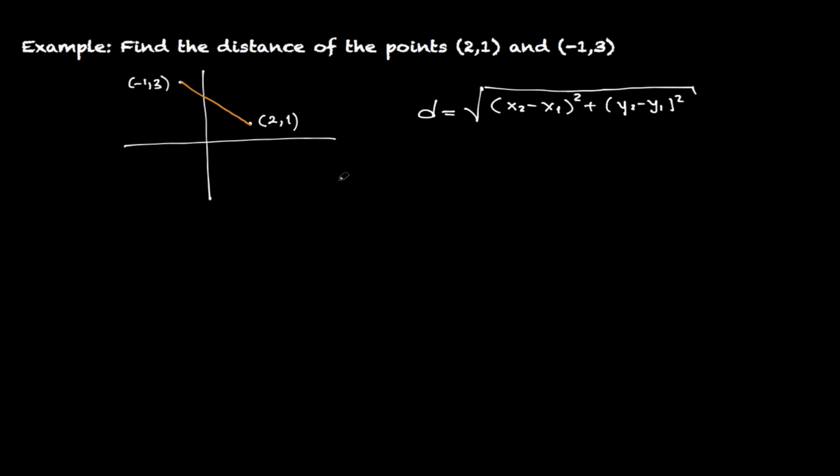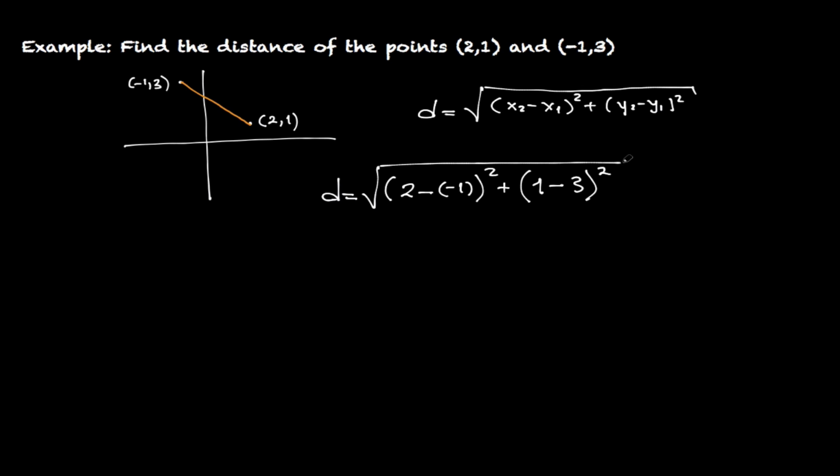So d equals the square root of (x2 minus x1). Let's say x2 is this. So it is 2 minus (-1), squared, plus (y2 minus y1). What is y2? y2 is 1. 1 minus y1, that's 3 here. So we take their differences, and then take the square.